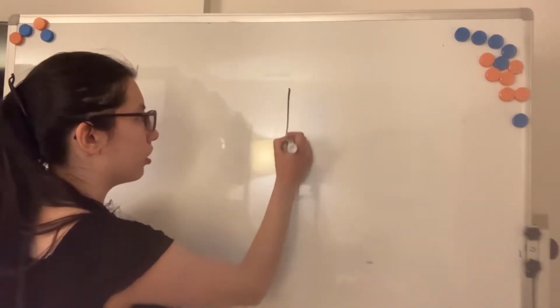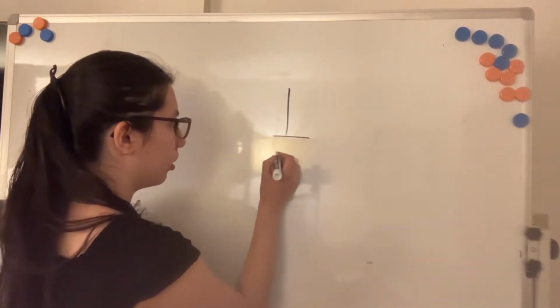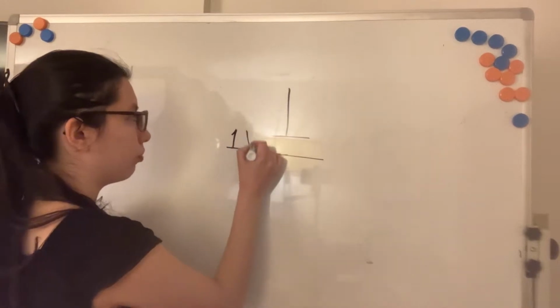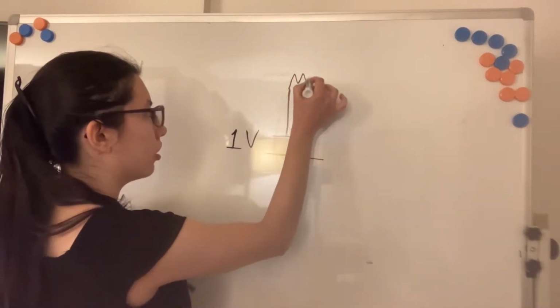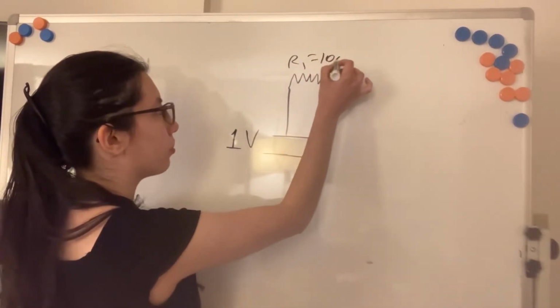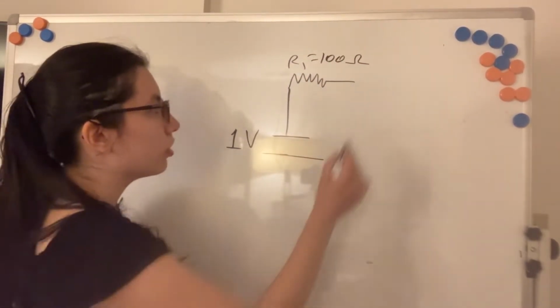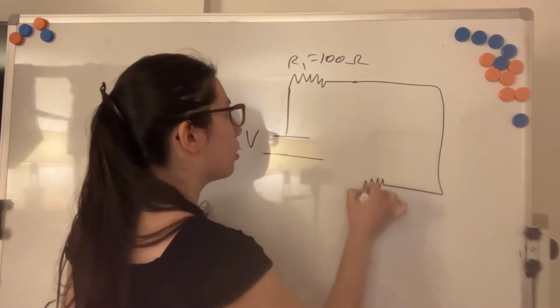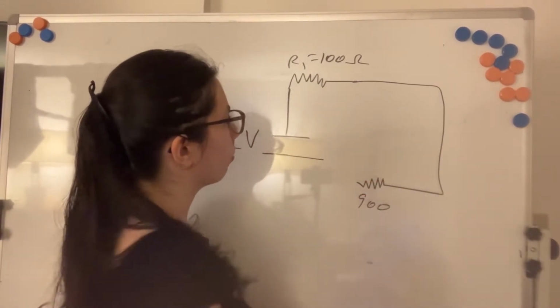Here we have the battery, let's say of 1 volt. Here we have a resistance R1 of 100 ohms. Here we have another resistance of 900 ohms.